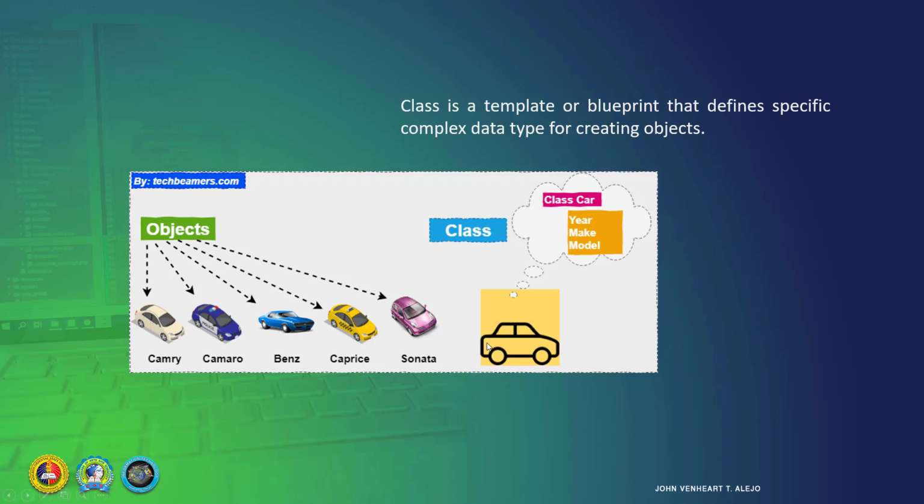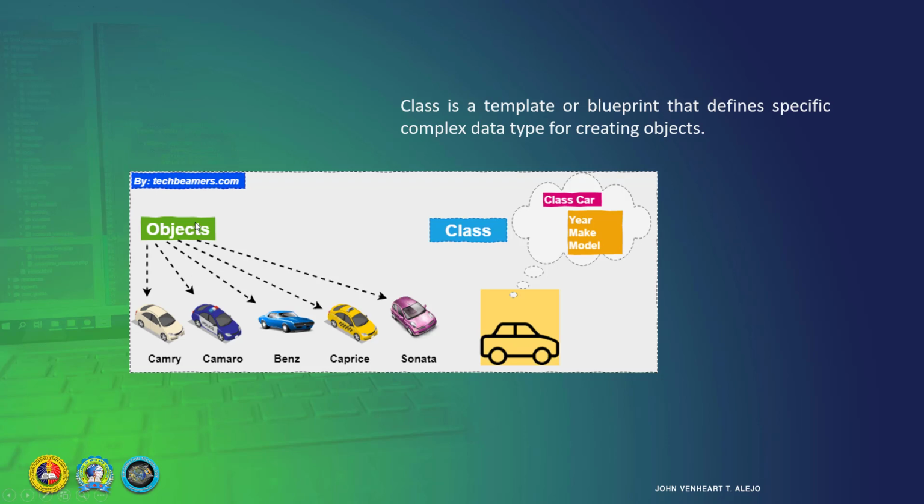Assuming this one, you see the arrow that I am pointing to, a class. So we have a class car. This is a blueprint. Okay? It is like a mold, and in the mold we have year, make, model. So that is the plan, a class car. Now out of the plan, you can create a lot of objects.